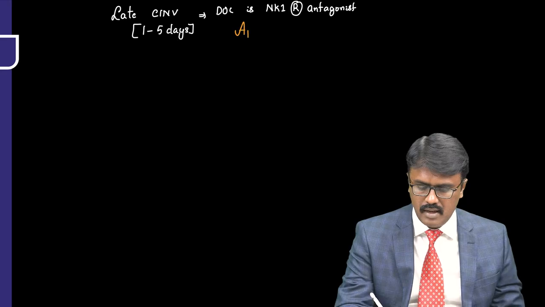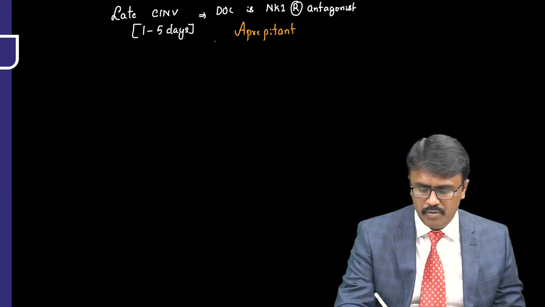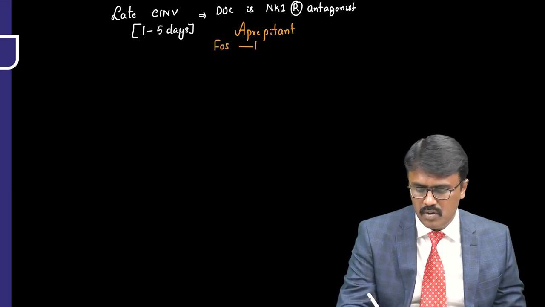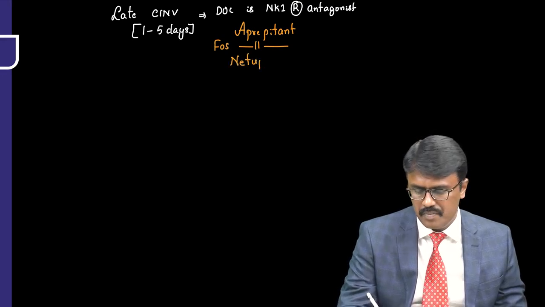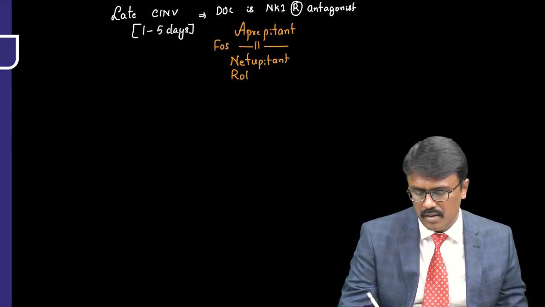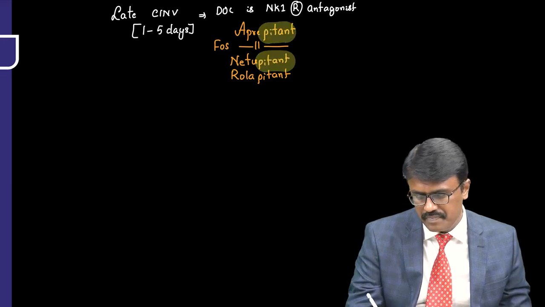Example is aprepitant. For that, if you add fos, it becomes fosaprepitant. Then we have netupitant and rolapitant. So these are the pitant drugs for late CINV.